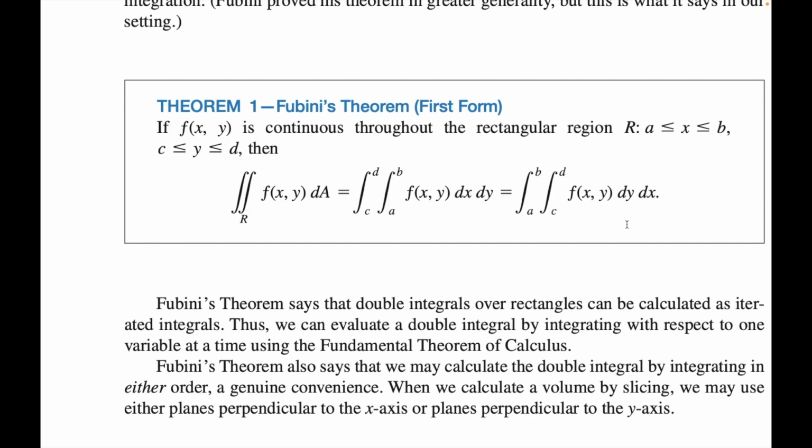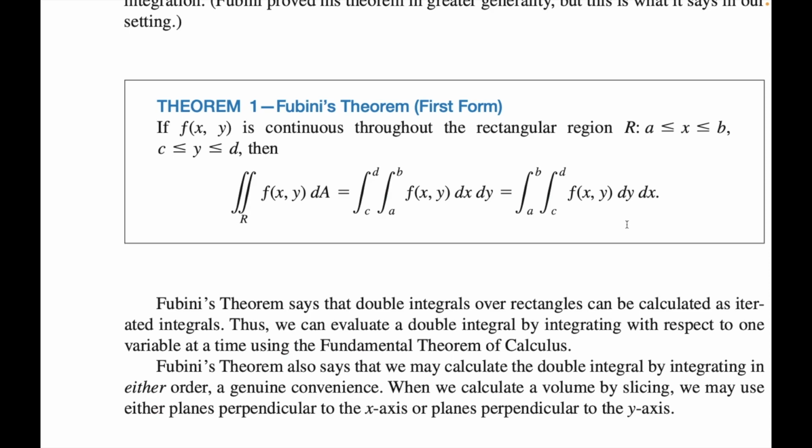It shows that if the limits are constant for both variables, it doesn't matter from which variable you integrate. You can either integrate with respect to x or with respect to y. The answer will be the same. So I am going to discuss this type of integral in which both variables have constant limits.